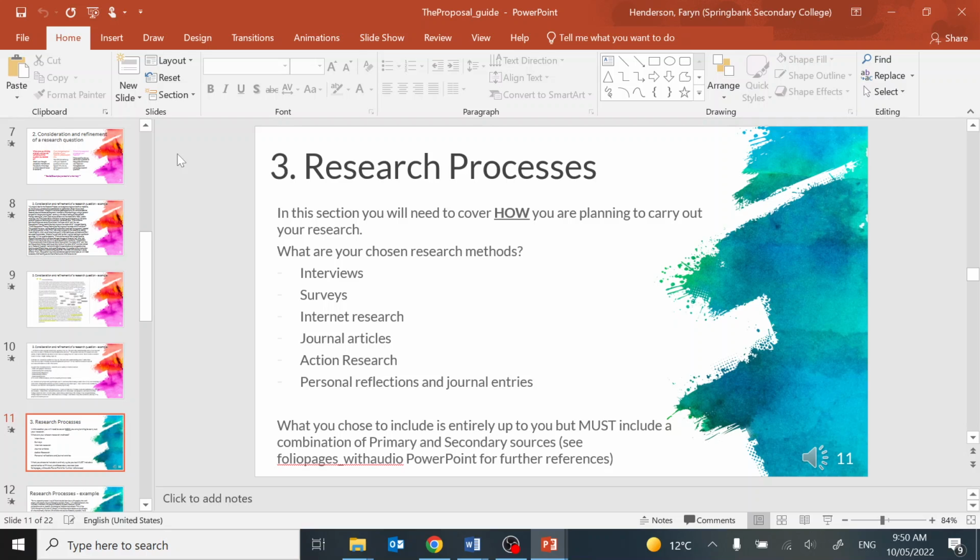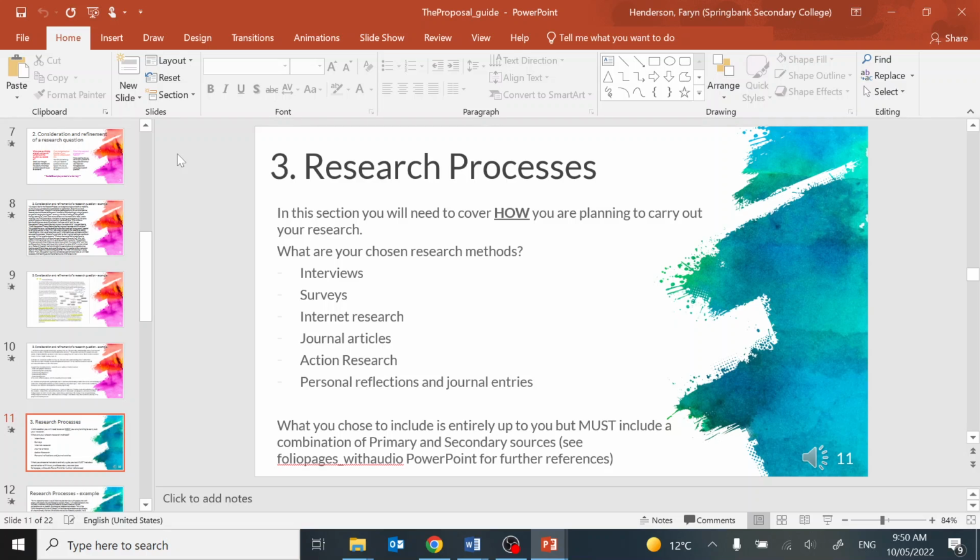Now, your research processes. So this is your methods, the methods you chose to complete your research. So this is interviews, surveys, internet research, journal articles, action research, any personal reflections and journal entries. The whole point is that you should be using a combination of primary and secondary sources.